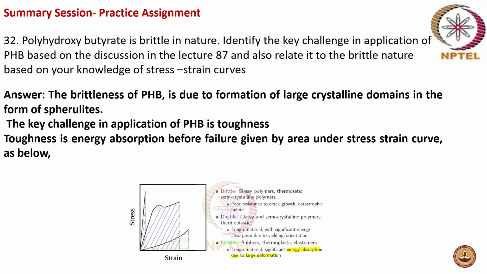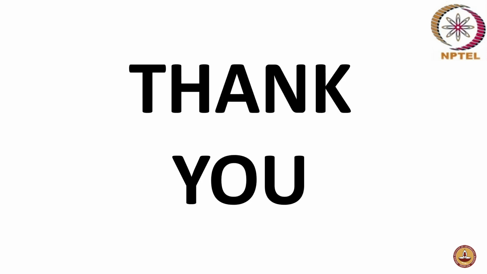In brittle polymers, the area under the stress strain curve is very small, so brittleness shows lower toughness, which is due to the large crystalline domains in PHB. Hope you got it, both of you. Okay, that's it with the session.